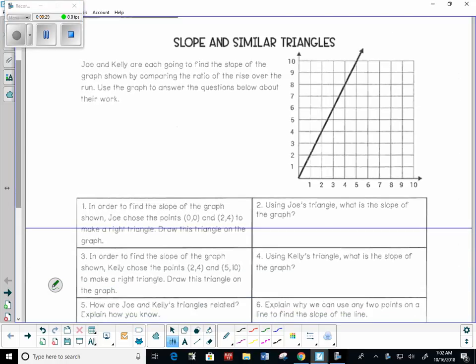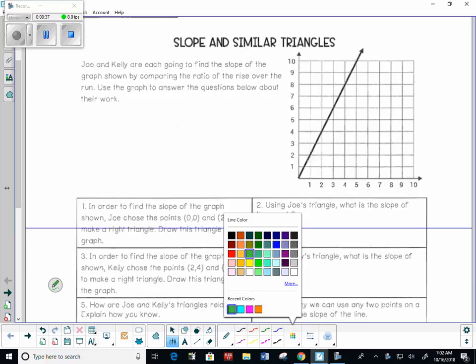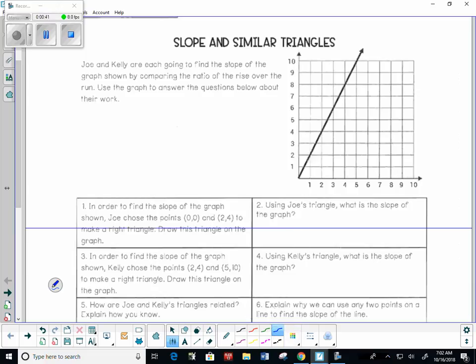Okay, so in order to find the slope of the graph shown, Joe chose the point 0, 0, and he chose the point 2, 4, to make a right triangle.